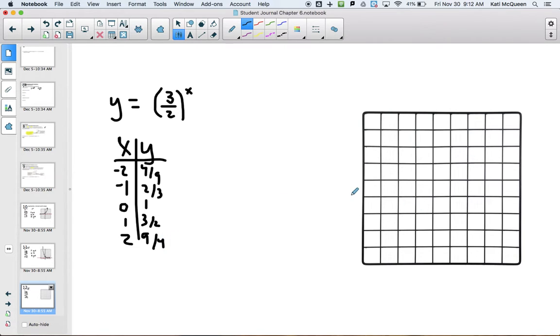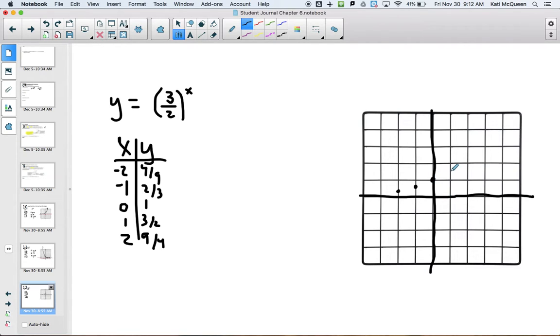Okay, so then let's go ahead and set up our graph. I'm going to plot the points I have. So this isn't going to be exact, of course, but I know 4/9 is a little less than half. I know 2/3 is a little more than half. So just kind of graphing approximately here.